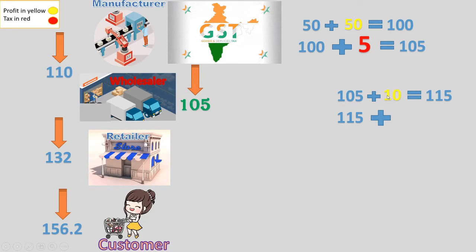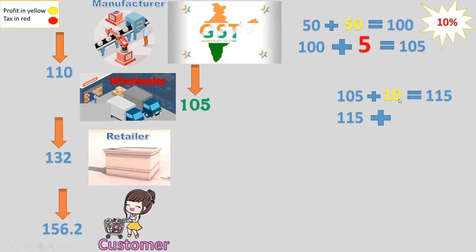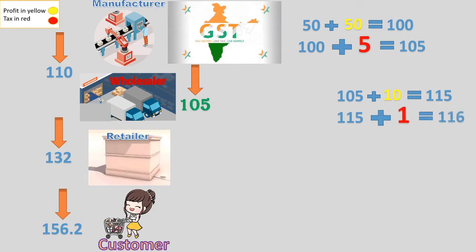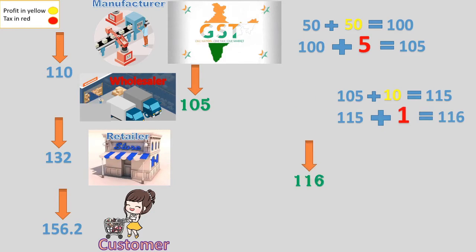Therefore 10% on this 10 rupees will cost 1 rupee as a tax amount, and the product will cost rupees 116. So ultimately the wholesaler will sell the product to the retailer for rupees 116.